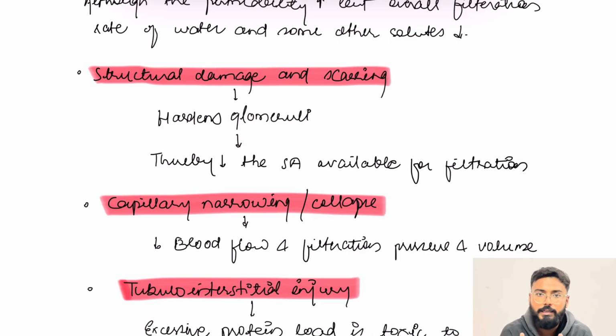So ultimately, if you combine all this, the glomerulus is going to get hardened, and this is going to decrease the surface area. The size of the pore is more, that's obvious. But due to scarring, the glomerulus is hard now, and there is less surface area available for filtration.